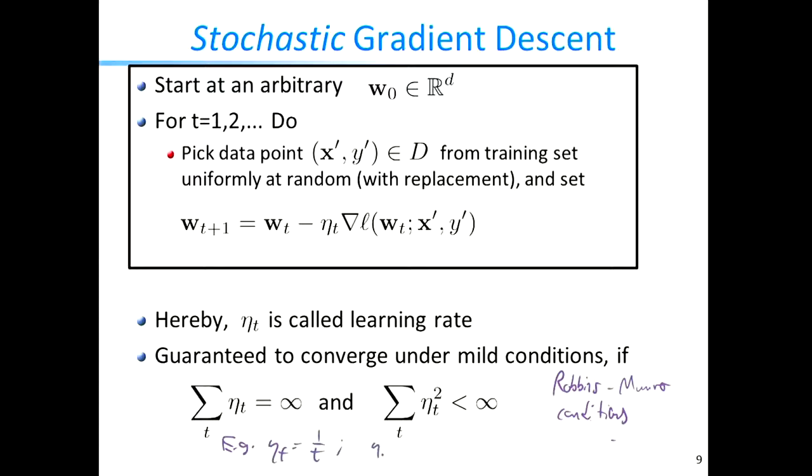Another example might be something like the min of some constant C1 and some constant C2 over t. That might lead to schedules that look like this.